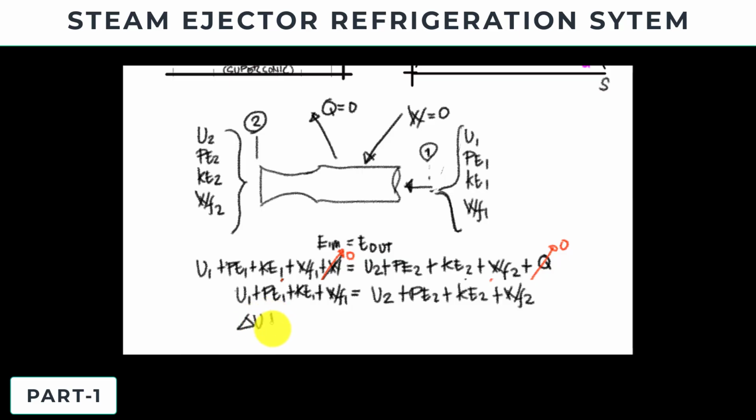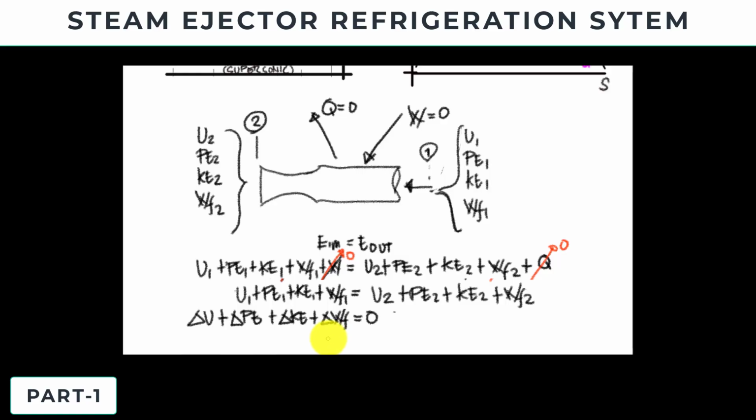Then combining, that will be change in internal energy plus change in potential energy plus change in kinetic energy plus change in your flow work, which is equal to 0.